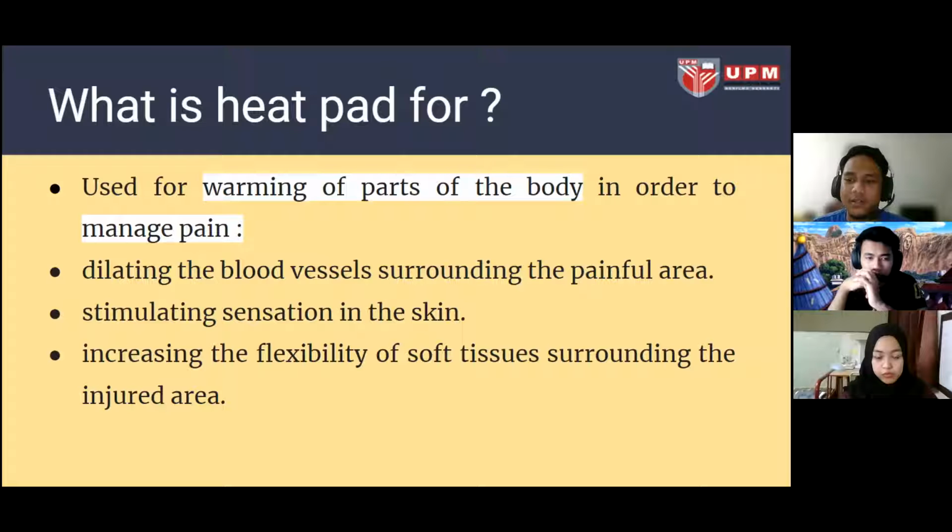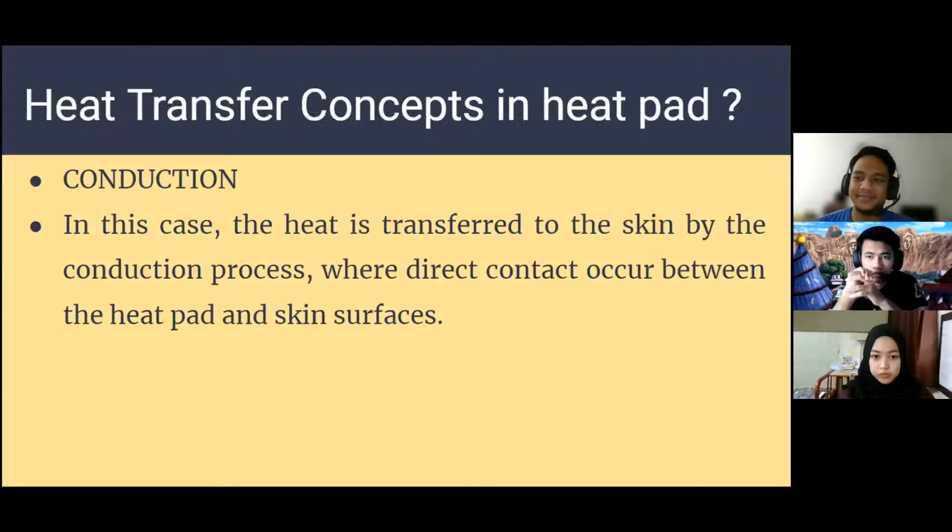Then it will increase the blood flow, providing additional oxygen and nutrients to help heal the damaged muscle tissues. The second one, it will stimulate sensation in the skin and therefore decrease the pain signal being transmitted to the brain. And the last one, it increases the flexibility of the soft tissue surrounding the injured area, including the muscle and the connective tissue.